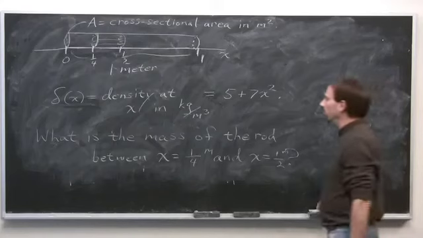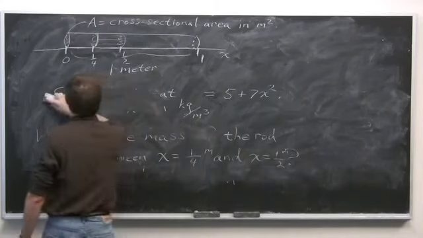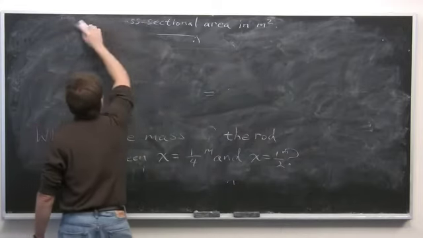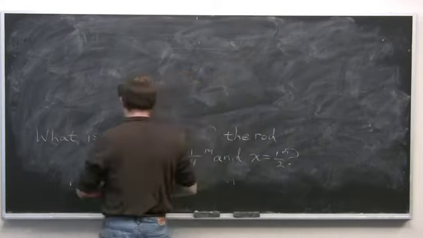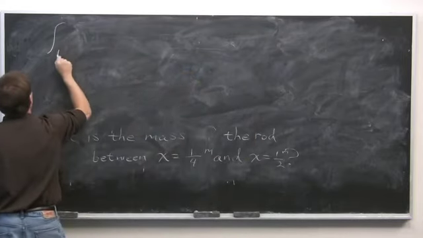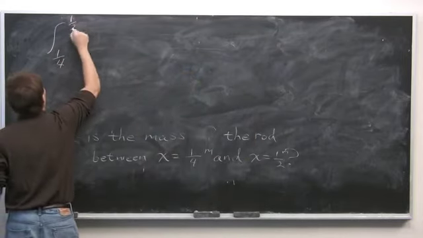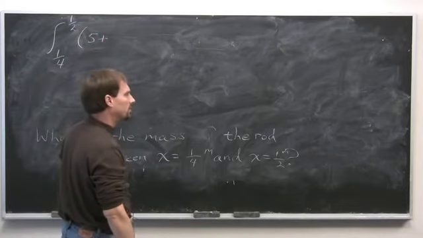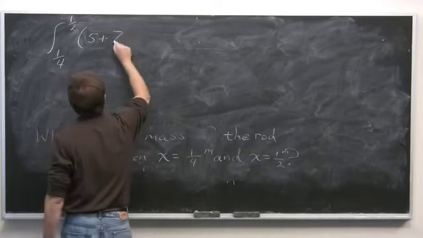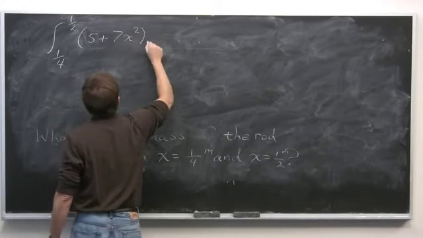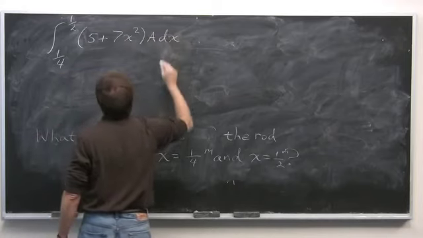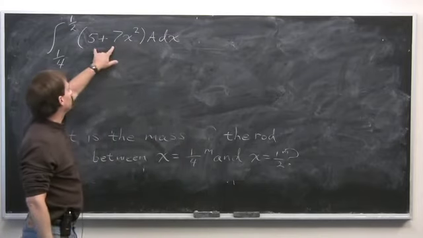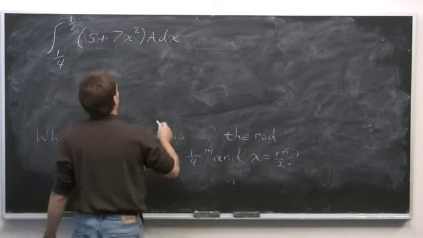This definite integral as x goes from 1/4 to 1/2 of 5 plus 7x squared times A times dx. But A is a constant. 5 and 7 are constants. We can split all this up.